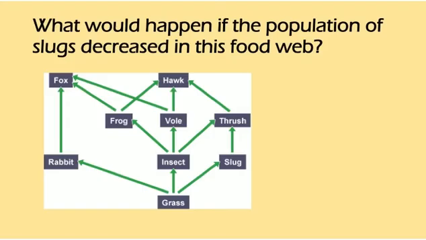Right, okay, and another thing to think about, what would happen if the population of slugs decreased in this food web? So instead of decreased, let's just say that the slugs go extinct. What would then happen in this food web if the things that eat the slugs and further up the food chain, what would happen if the slugs disappeared?